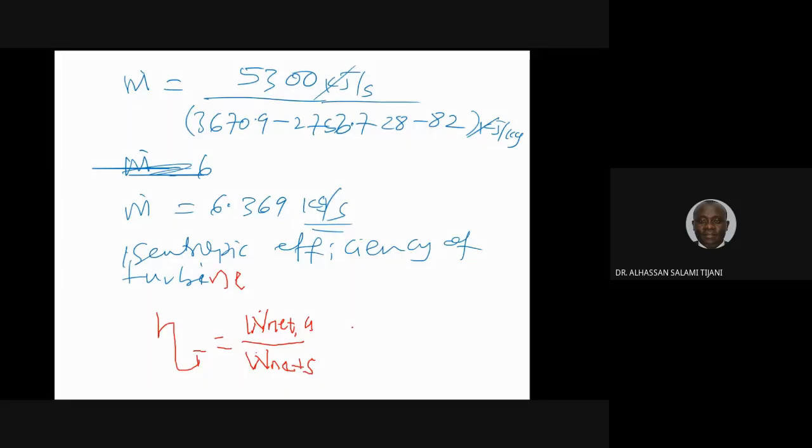We can determine W net for A, the actual, which gives us the mass flow rate times H1 minus H2, then minus Q out.